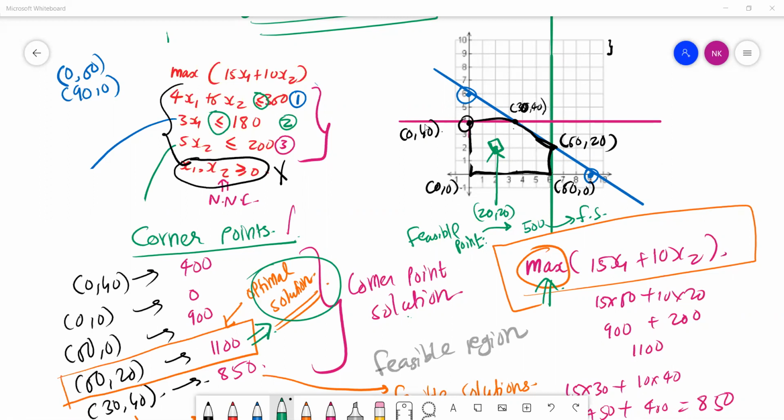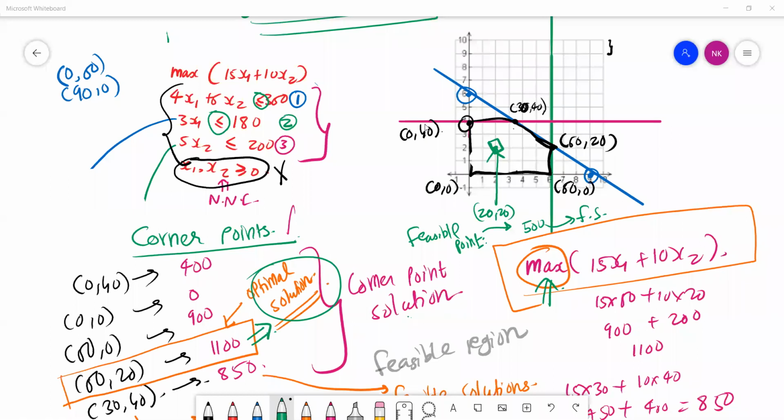Okay, Akshat asks that if we have an unbounded region, then also we will consider corner points. Yes, we will be considering the corner points. We will be taking the unbounded region also, but for the case of the unbounded region, generally we won't have a maximization problem. It will be a minimization problem. It depends on the scenario of how we can have the unbounded region.